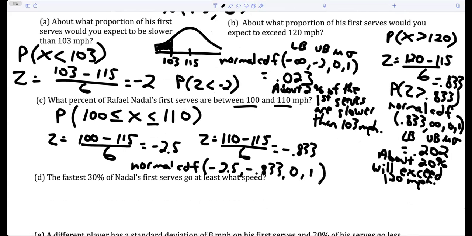And label them. Okay. So lower bound, upper bound, mu, sigma. And so now take your calculator, and let's go to normal CDF.